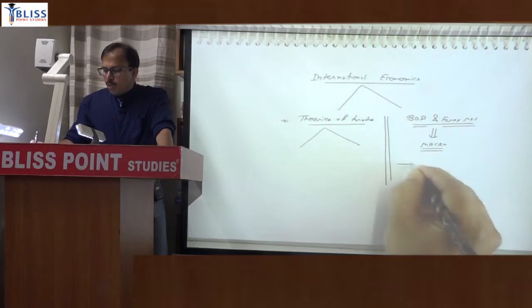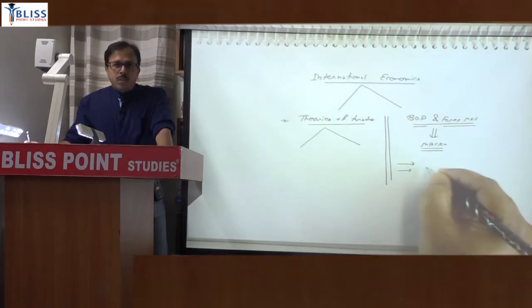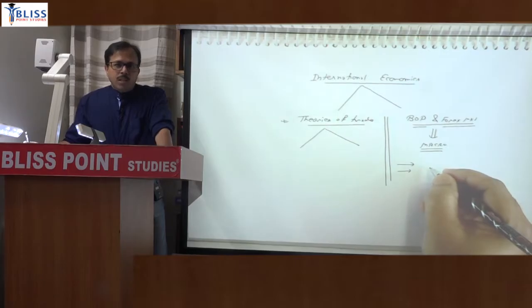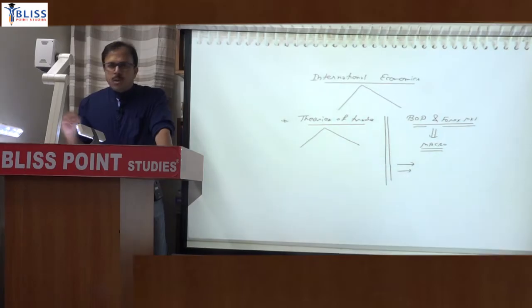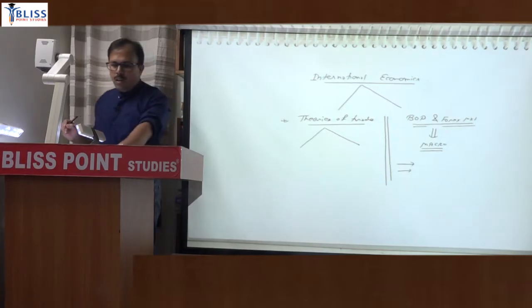Then this topic will also include customs union, trade creating customs union, trade diverting customs union, and you will find many questions related to that. And at the end, it will also explain trade as an engine of development. So there will be certain issue topics.